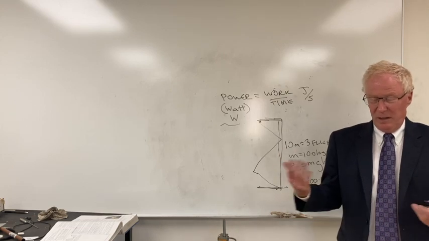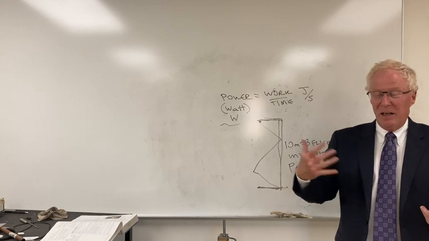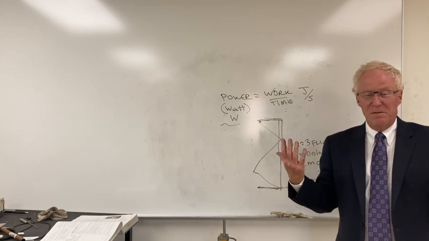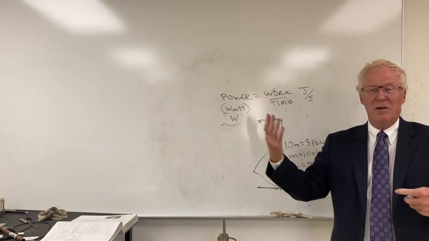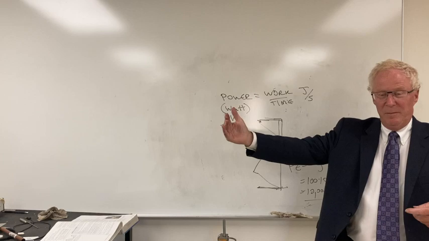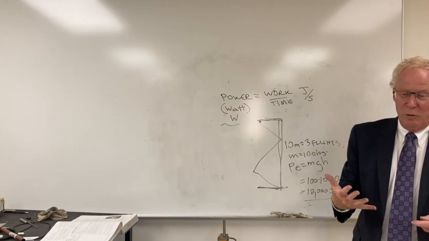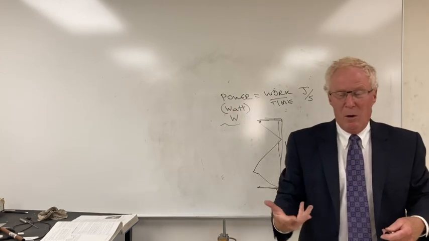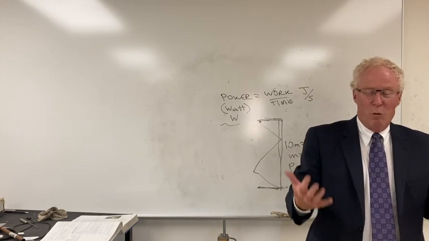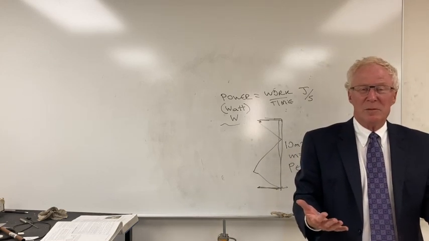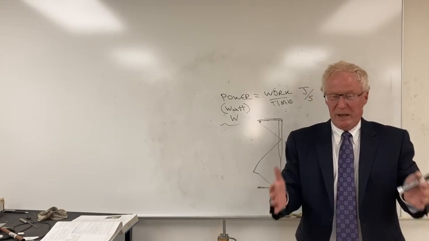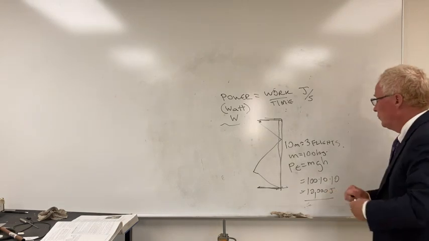They both weigh the same. The amount of energy is the same in both cases. It doesn't matter how fast you run it, it's how far you run it. The faster runner is generating more power, twice as much, because they're doing the same amount of work in half the time.